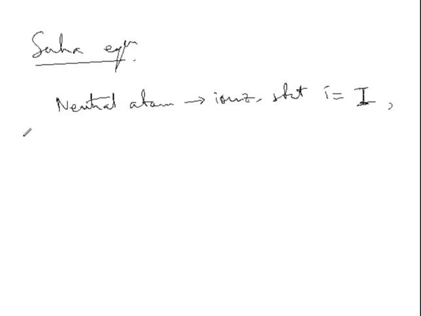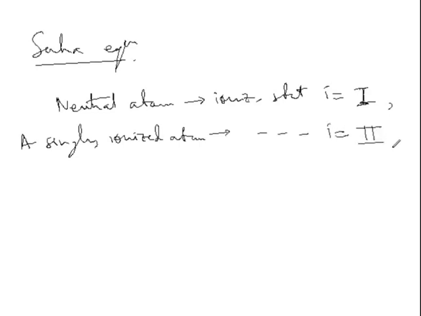Now, a singly ionized atom, its ionization state is given like this, Roman numeral II. A doubly ionized atom, its ionization state is III, let us introduce this nomenclature, and so on.